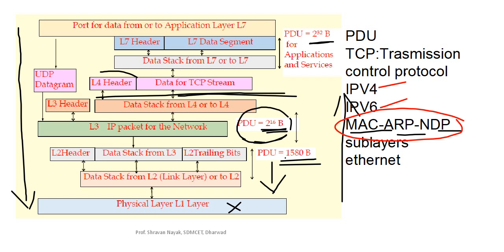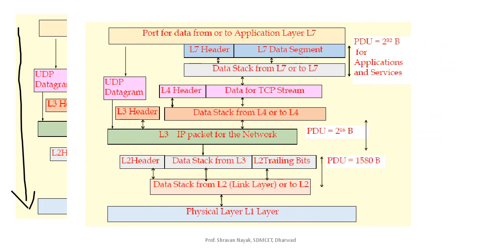Okay, so this is one diagram which I wanted to convey, showing the communication between the source and destination with the values of the protocol data unit, which is the maximum data bytes that can be processed in a specific layer at different layers, right.